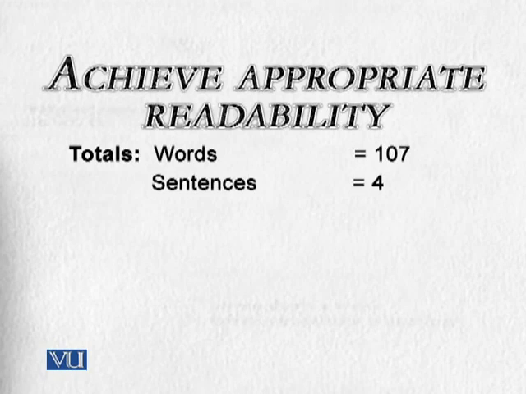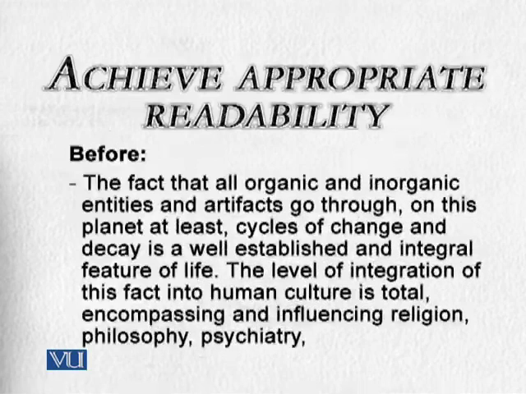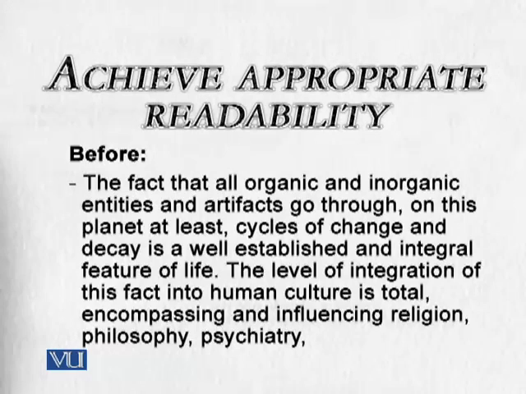And hard words. Let's take a look at the first sentence, and there you can see, like, inorganic is a hard word. A hard word, I told you before, is a word consisting of 3 or more than 3 syllables. So, inorganic, entities, artifacts, established, integral.